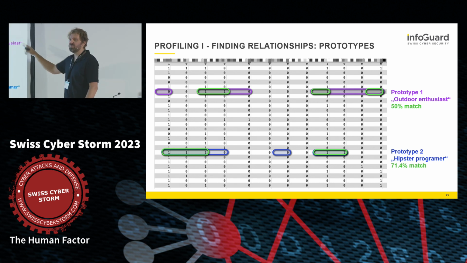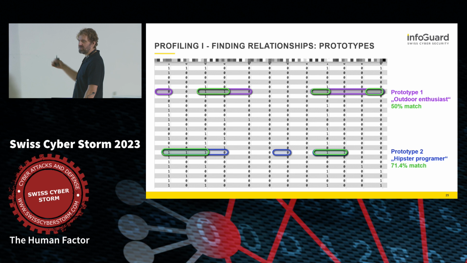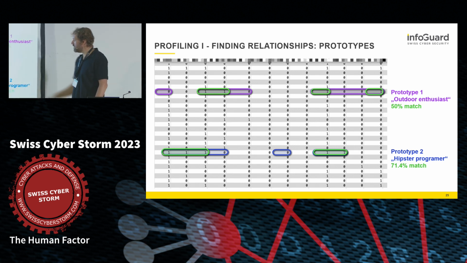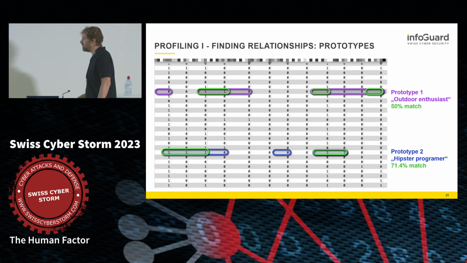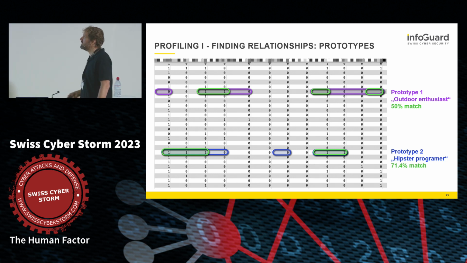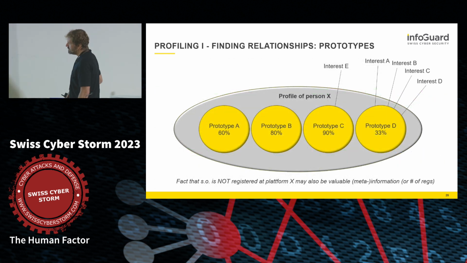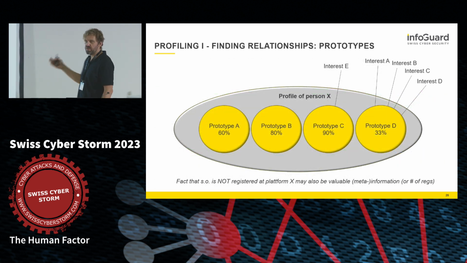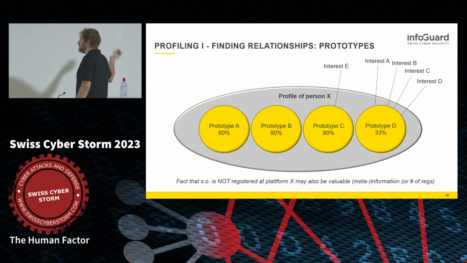Doesn't really say a lot at the moment. Maybe sometimes this person likes to go out, likes to do a little bit of sports or not. It's not so telling. But here, for the hipster programmer, we have a 71.4% match. I think there is a higher probability that this person maybe knows how to code, maybe has some technical affinity. And where this is going, you define a lot of prototypes, prototype A, B, C, D, E, and so on.